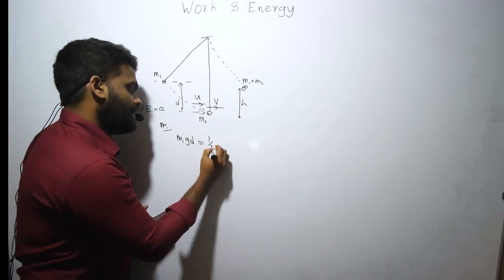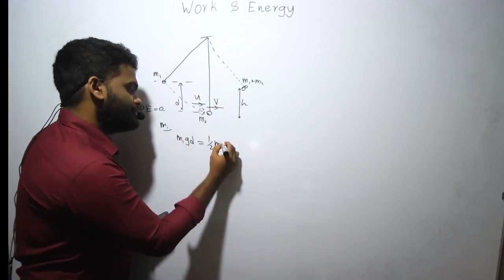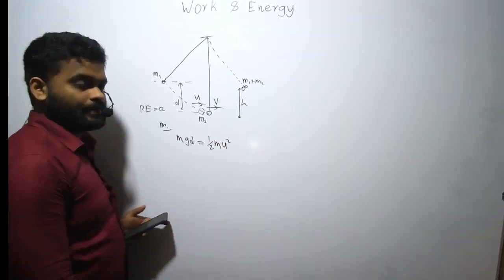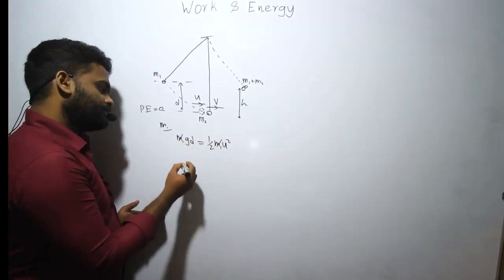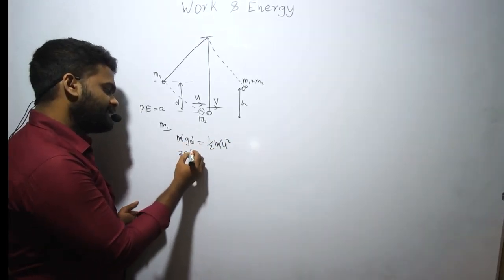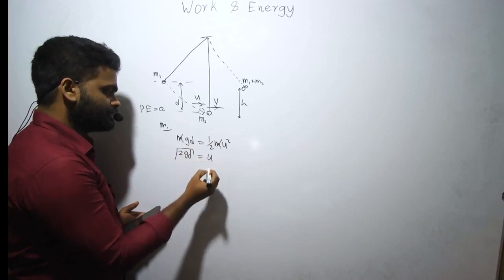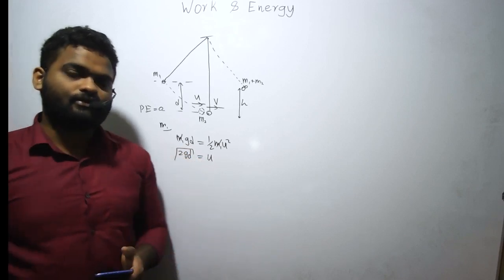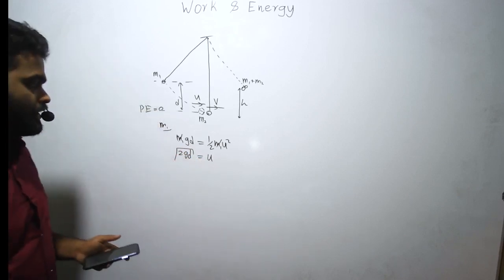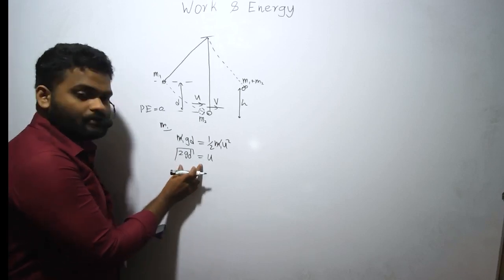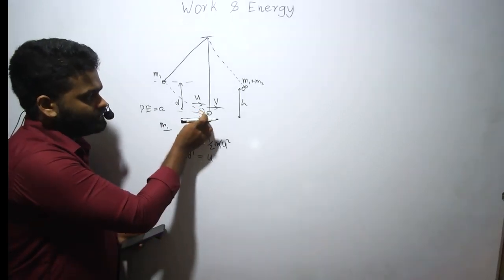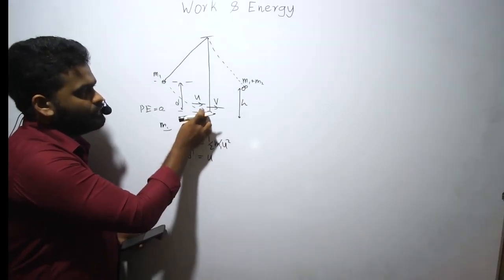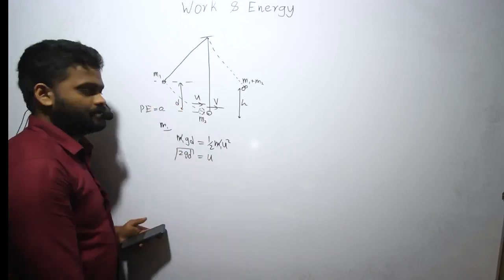So you can say half m1 u squared equals m1 g d. Then m1 cancels off, and u is equal to root of 2gd. So this is the velocity of m1 just before the collision.